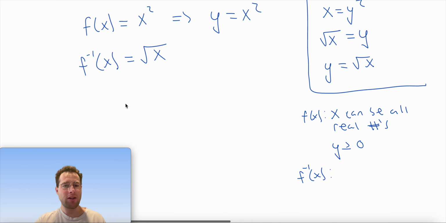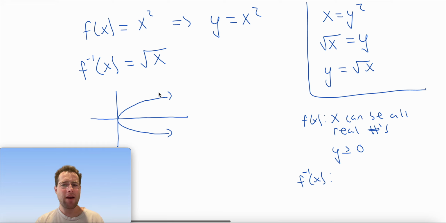If we graph out the square root of x without restricting it, we'll have both of these branches. And of course, this is not a function. As we can visually tell, it doesn't pass the vertical line test.